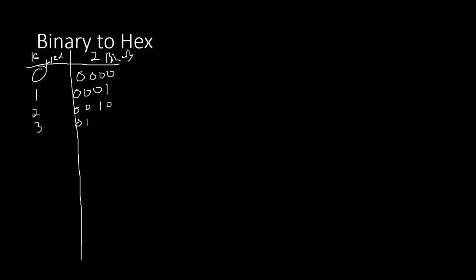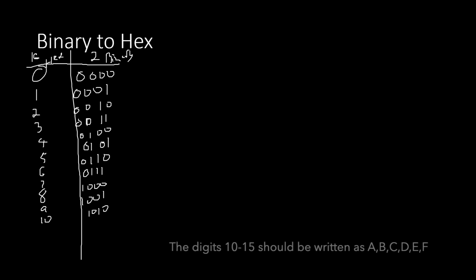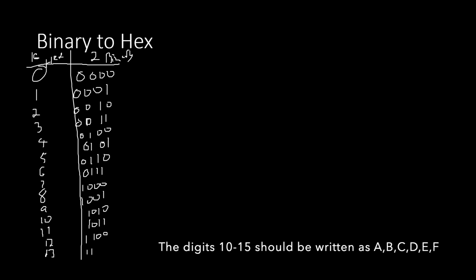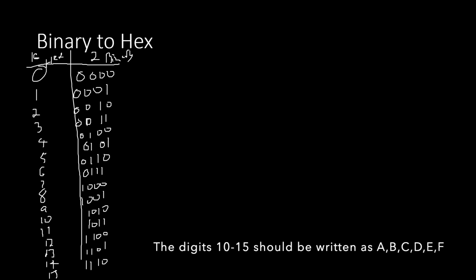If we had 3, it would be 0, 0, 1, 1. 4 would be 0, 1, 0, 0. 5 would be 0, 1, 0, 1. 6 would be 0, 1, 1, 0. 7 would be 0, 1, 1, 1. 8 is 1 0 0 0, 9 is 1 0 0 1, 10 is 1 0 1 0, 11 is 1 0 1 1, 12 is 1 1 0 0, 13 is 1 1 0 1, 14 is 1 1 1 0, and 15 finally is 1 1 1 1.